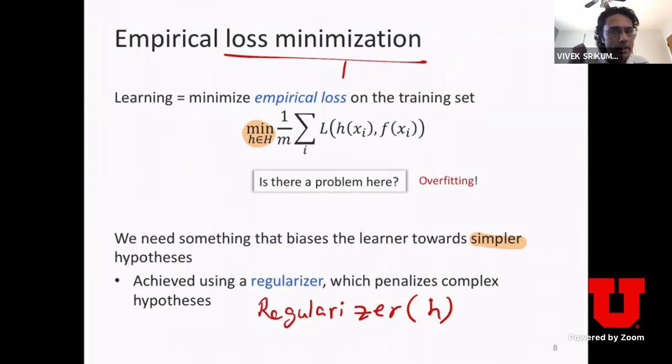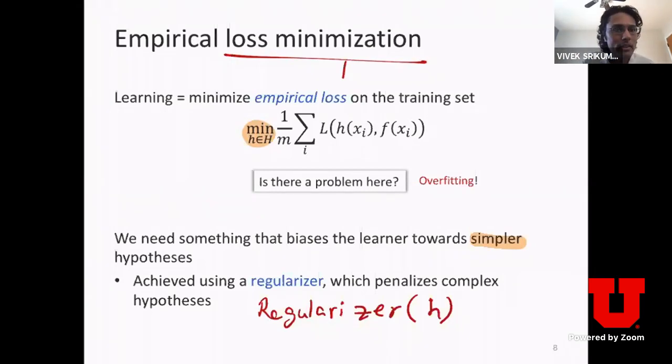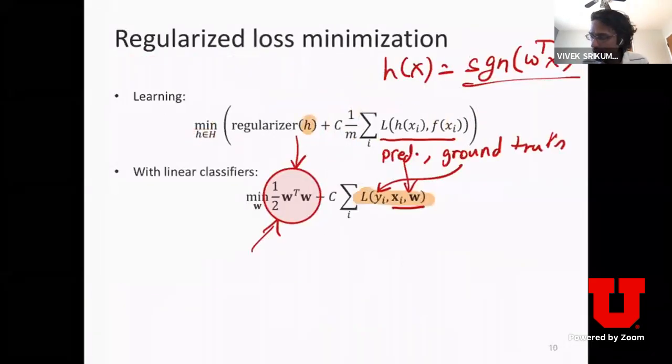It essentially ranks classifiers by how simple or how complex the classifier is. So more complex classifiers end up having a larger value of the regularizer. The example that we've seen is this one here.